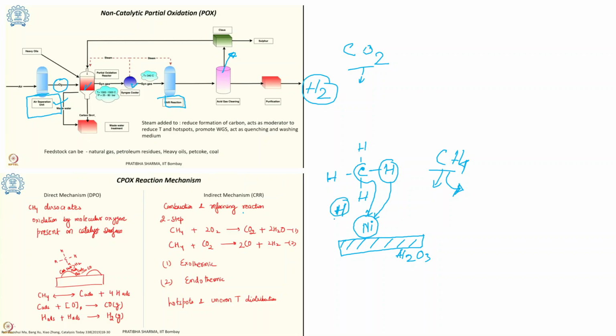The 2H will produce hydrogen gas, and the catalyst will also absorb oxygen, the O from the oxygen. This carbon and O will form carbon monoxide. This is how the syngas is produced.